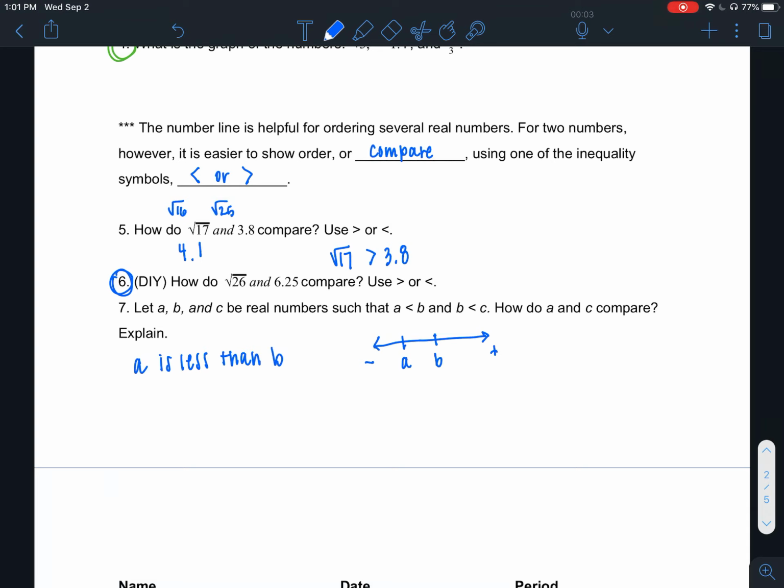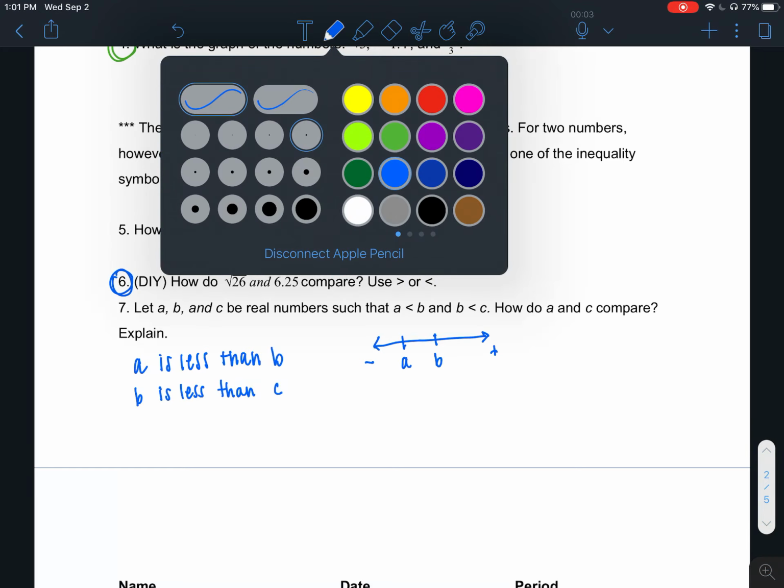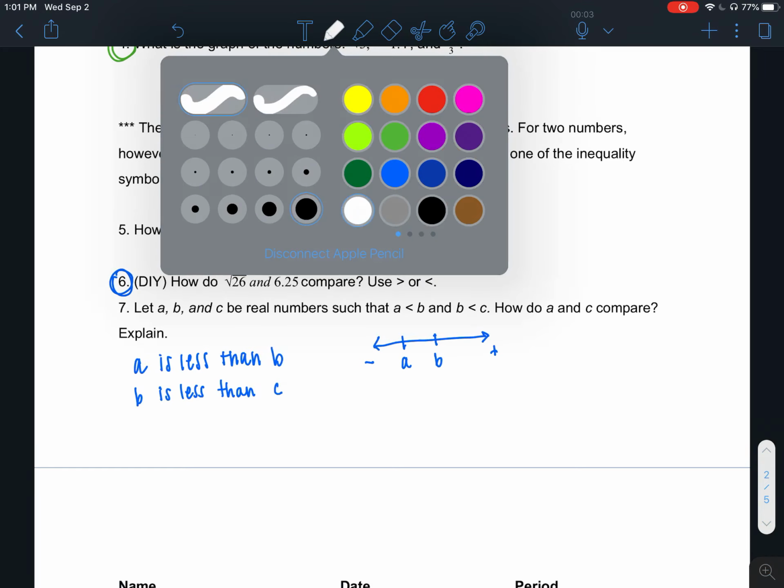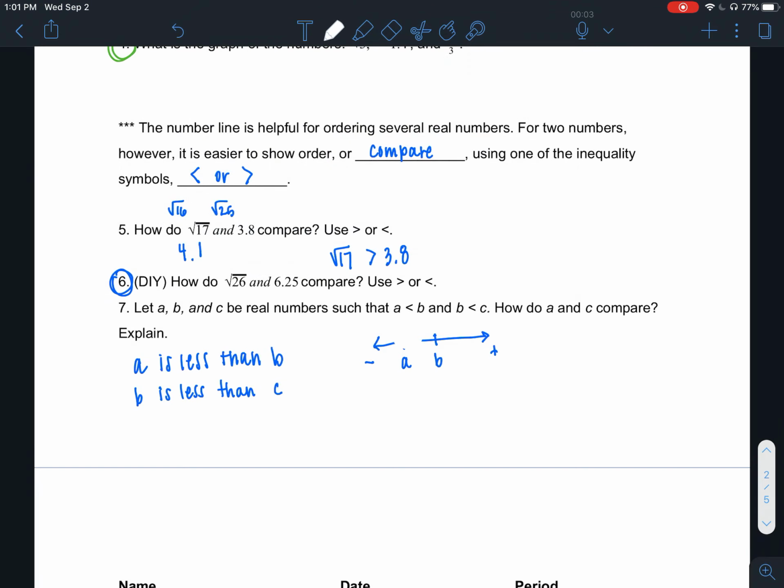Okay. Then our next thing is B is less than C. So if I'm just looking at B, I'm going to block this out for just a second. Then C has to be greater than this B right here.